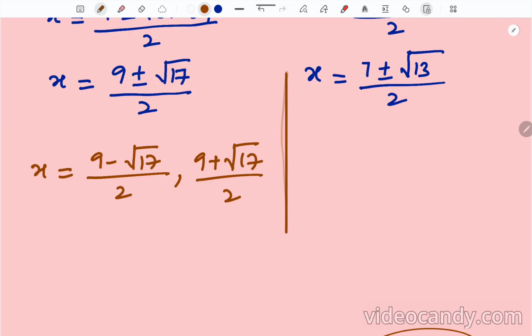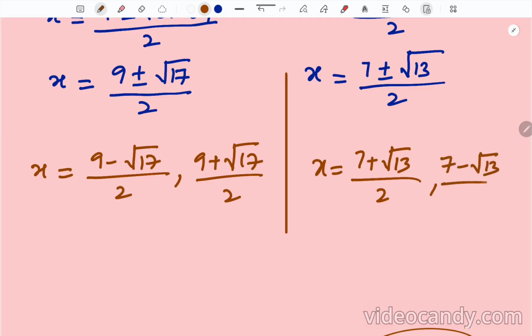And in the next case, x equals 7 plus root 13 by 2, comma 7 minus root 13 by 2. Now observe that root 17 is approximately 4. So 9 plus 4 by 2 is going to be more than 4. Therefore, it is not satisfying the condition 0 less than or equal to x less than or equal to 4. Therefore, this will not satisfy.